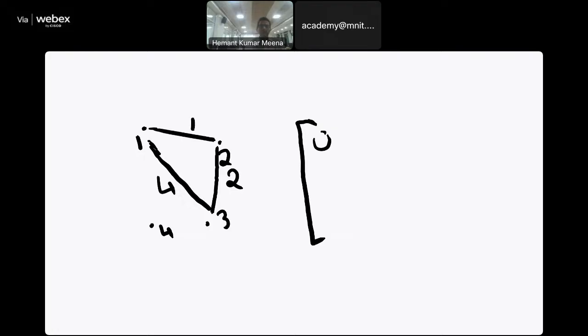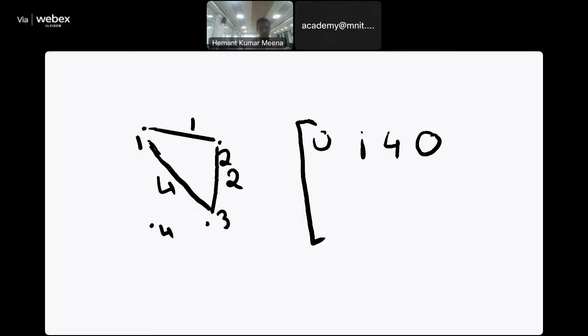In graph signal processing, we take some assumptions. Node 1 is connected to 2? Yes, it is 1. Is 1 connected to 3? Yes, it is 4. And is it connected to the next one? It is 0. So someone has mentioned 0, 1, 4, 0.